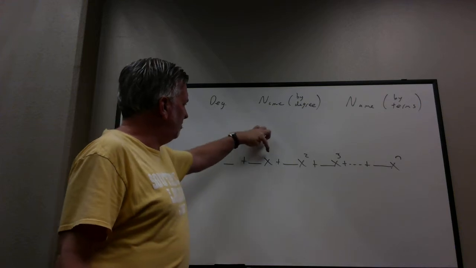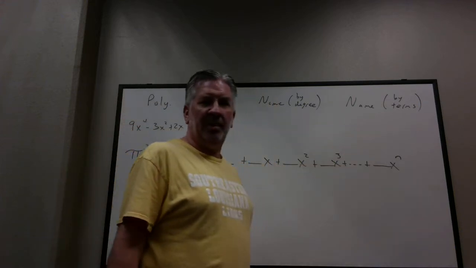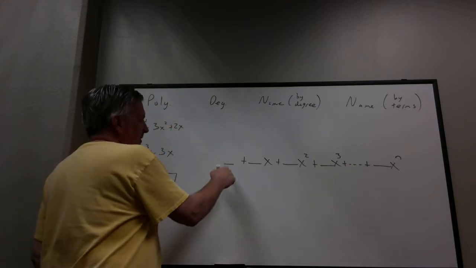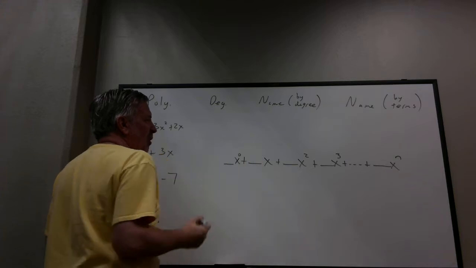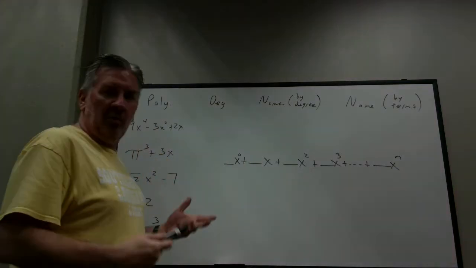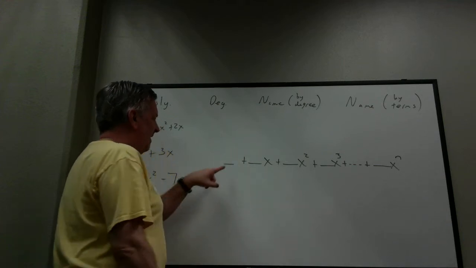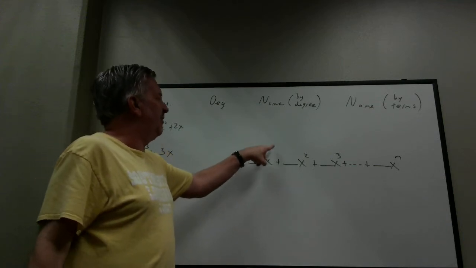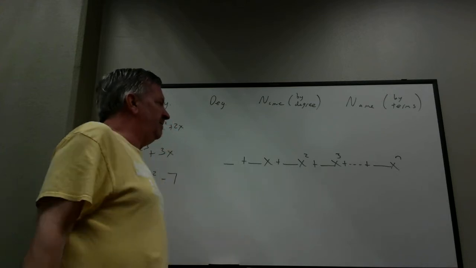And notice the exponents on my variables, 1, 2, 3, they're positive. Now you can think of the number here by itself without an x as x to the 0 if you want, because x to the 0 we interpret as 1. But I just think of that as a real number, then x to the first power, second, etc. That's what a polynomial looks like.